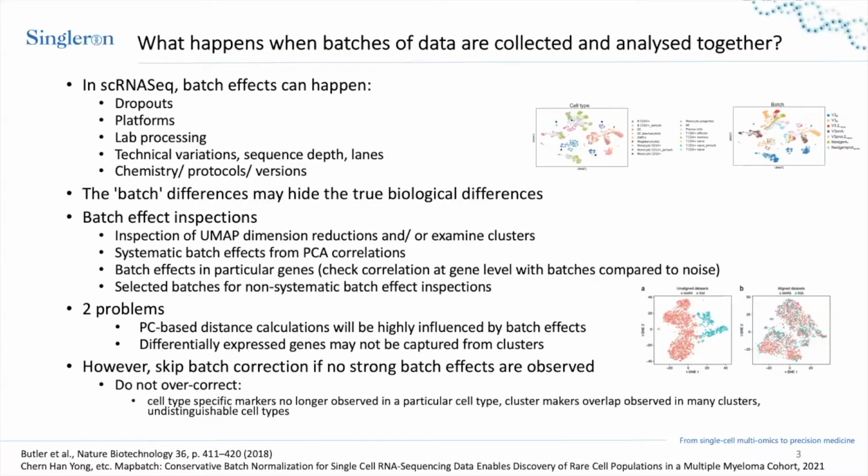Different platforms may collect different genes, and the dropout rates can vary across platforms or sequencing experiments. So batch effects may well happen when multiple single cell data sets are consolidated together.